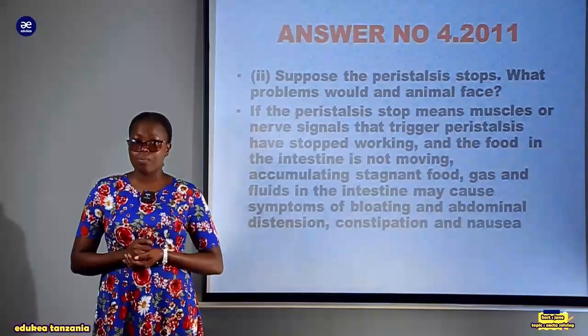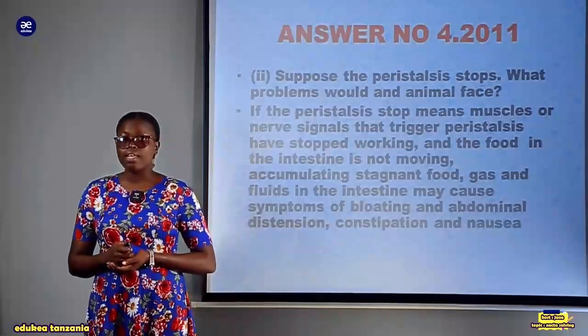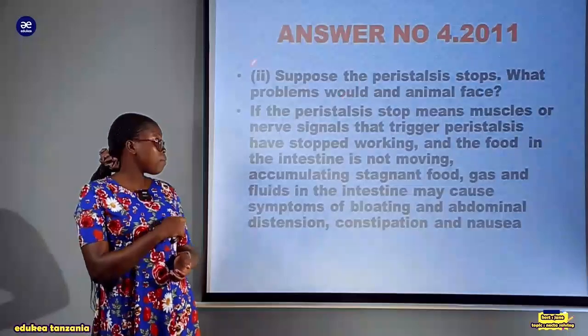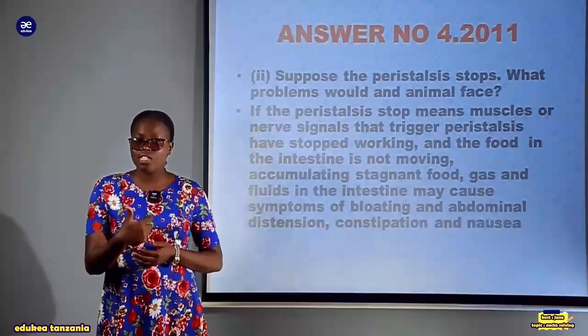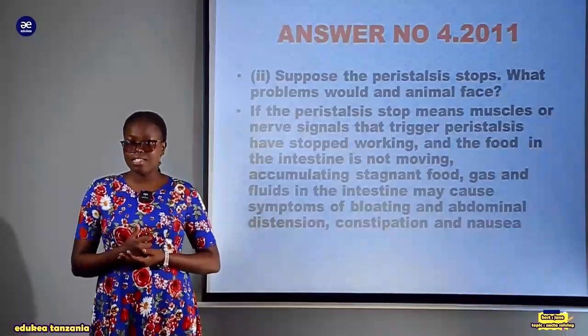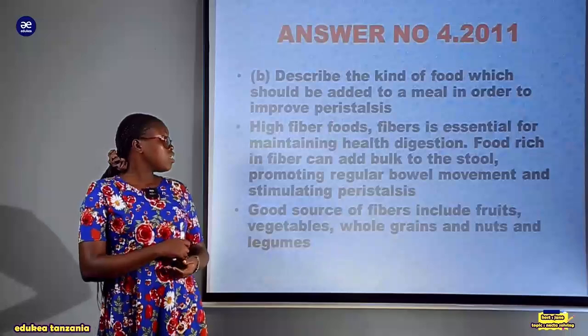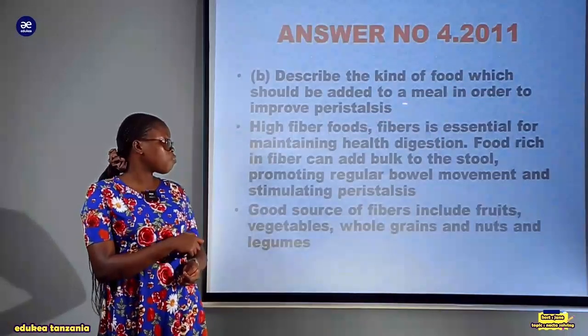Kwa inapelekea problem or difficulty katika digestion na mtu kuweza kupata haya matatizo. So the last question in this particular question number 4 inatuambia kwamba in case kama peristalsis imestop, huyu mtu amepata haya matatizo, huyu mtu anashauriwa ale chakula gani kuweza kuincrease the peristalsis ambayo imeweza kustop? So unaambia describe the kind of the food which should be added to meal in order to improve peristalsis.